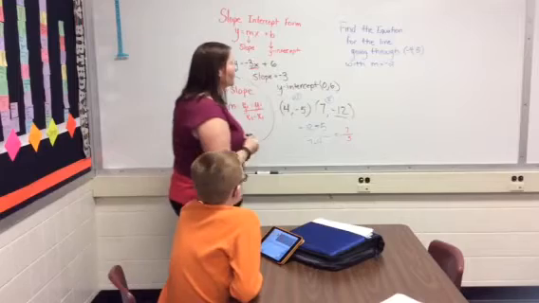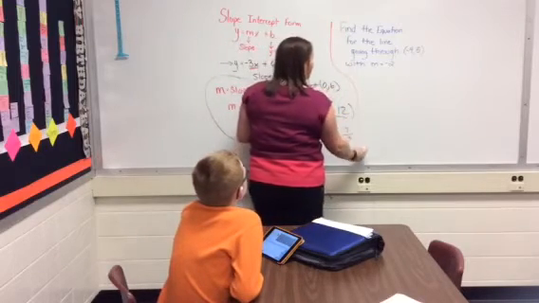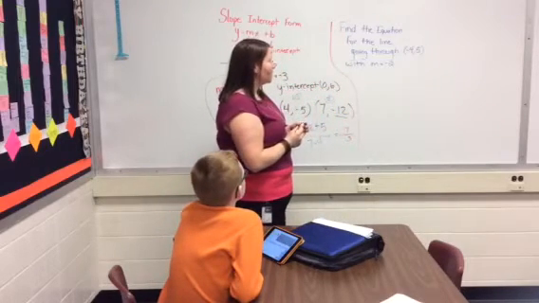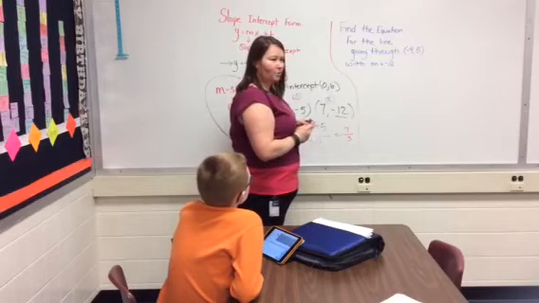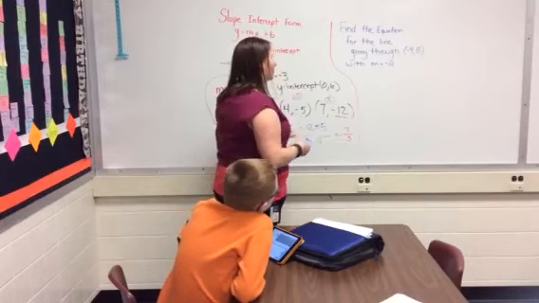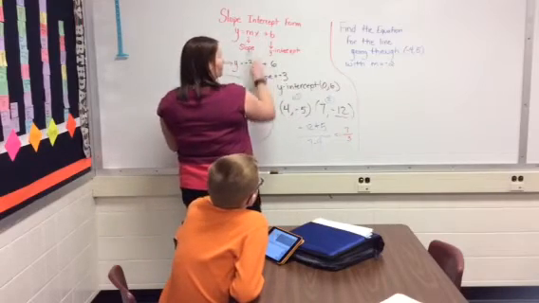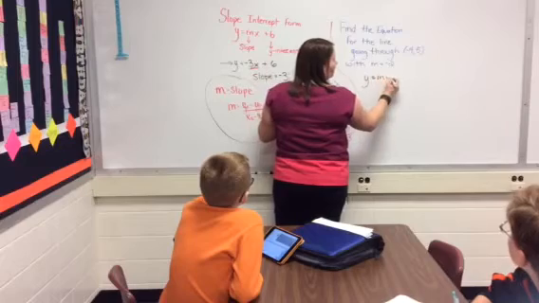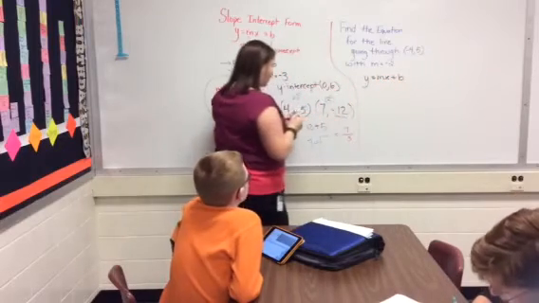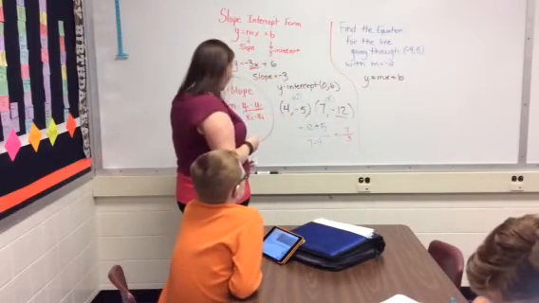No. All right, so now we have a question. It says, find the equation for a line going through negative 4, 5 with the slope of negative 2. So we're going to use this equation and replace what we know. So I'll rewrite it. What do we know from what was given?